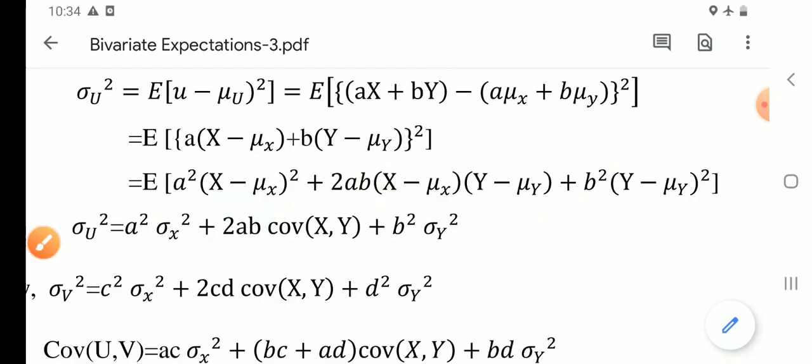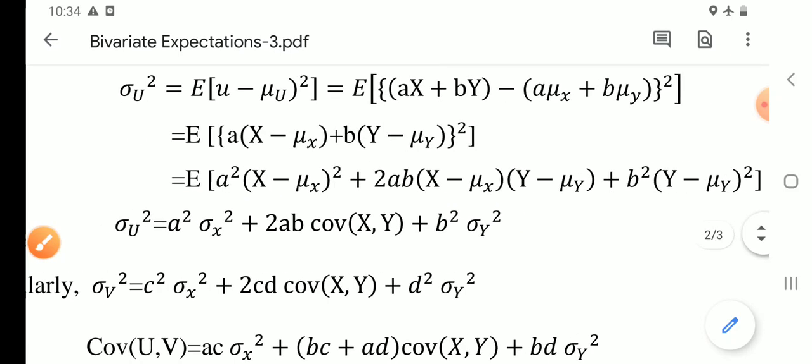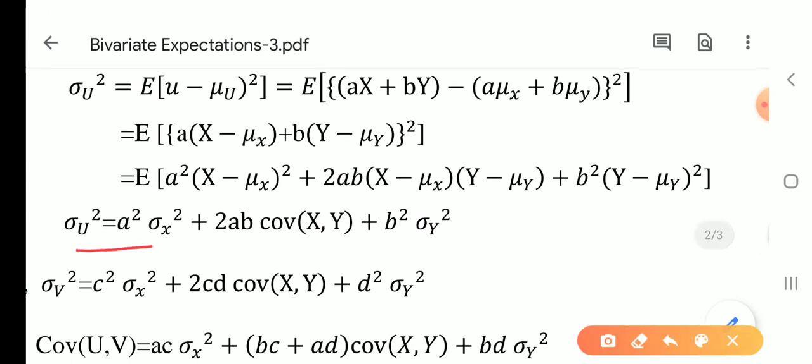So sigma u square can be written as a square sigma x square plus 2ab into covariance of xy plus b square into sigma y square.